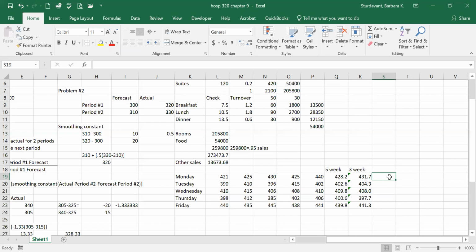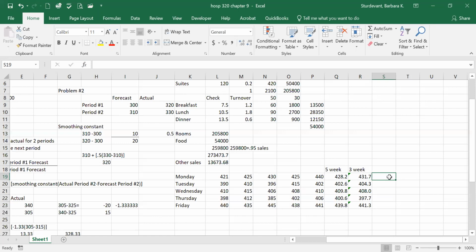Okay, number 8. So we want to do the weekly sales. And this kind of follows with problem 7. It takes into account the weather.